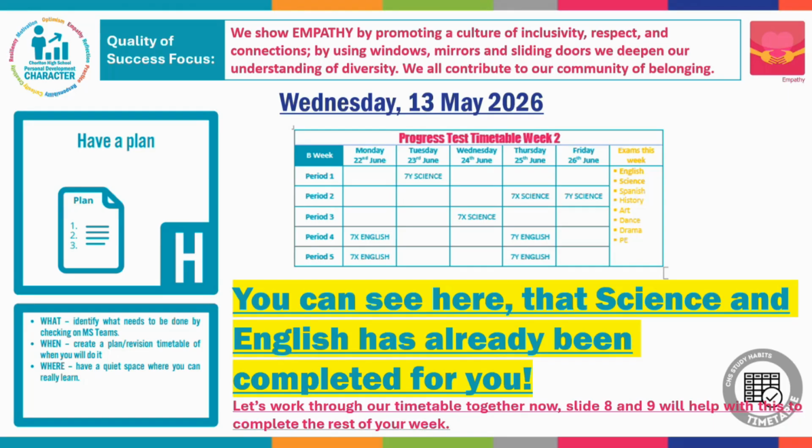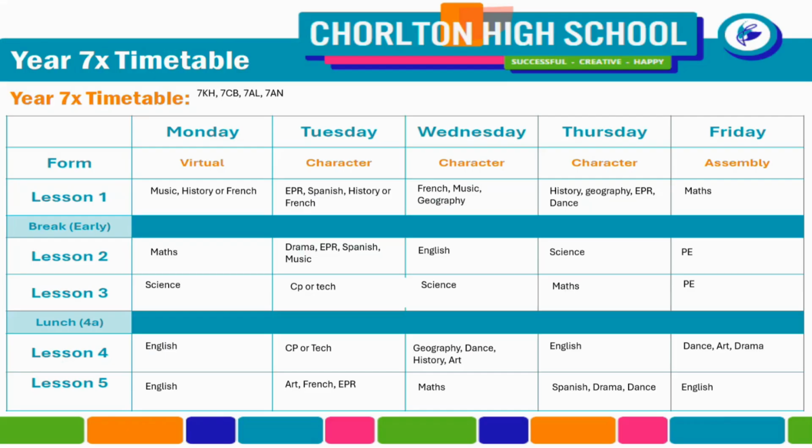Let's do the same for art. Okay, so when is your art lesson? In week 2 of the set of progress tests. So between the 22nd of June to the 26th of June, plot in when you will be doing your progress test in art. So if you are in 7Y, your options are Tuesday period 5, if that's when you've got art. It could be Wednesday period 4. It could be Friday period 4.